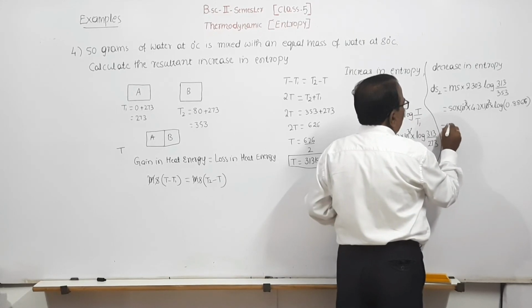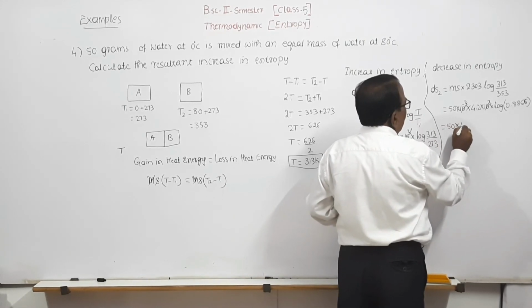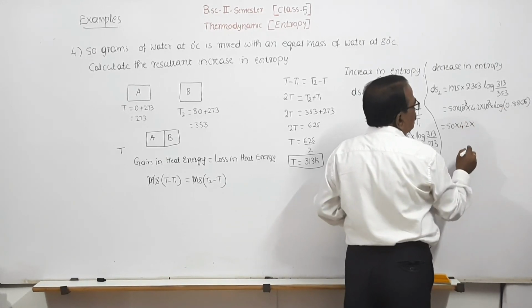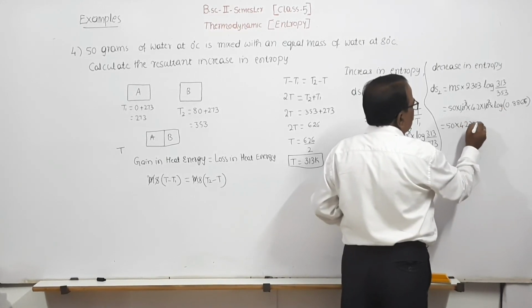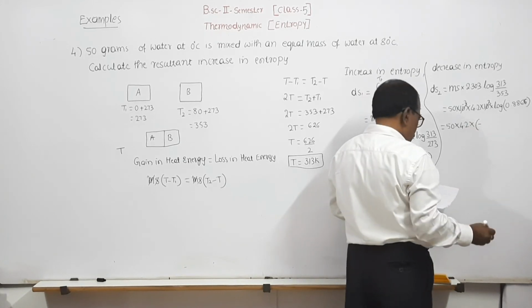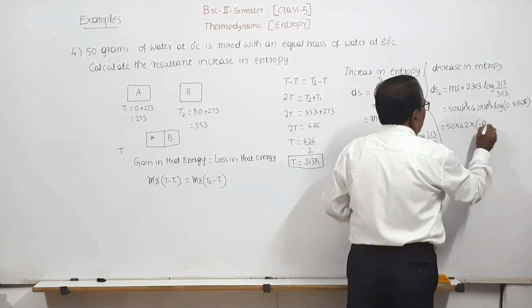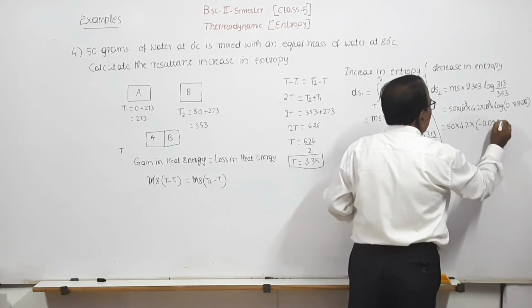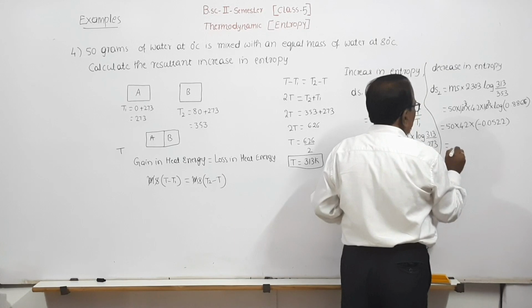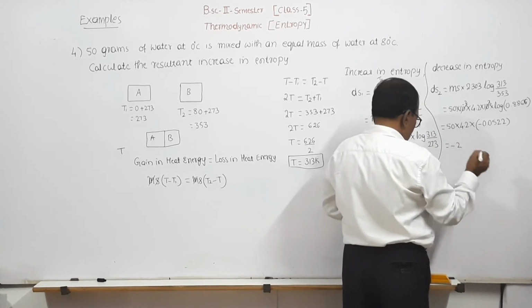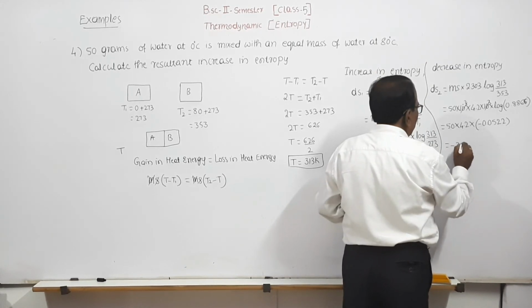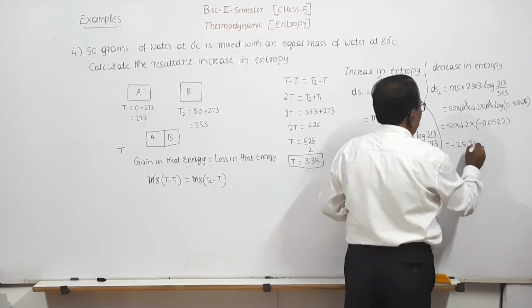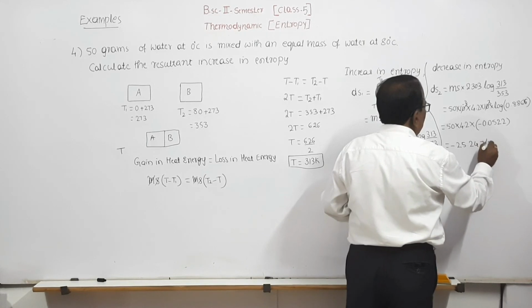It is 50 into 4.2 into log of this 0.8866, which is minus 0.0522. If you simplify this, you are going to get minus 25.24 joules per Kelvin.